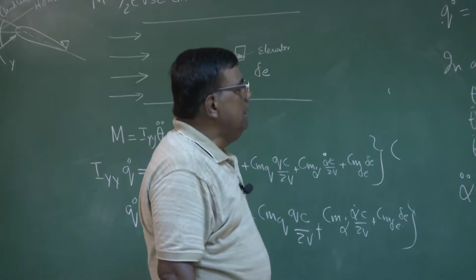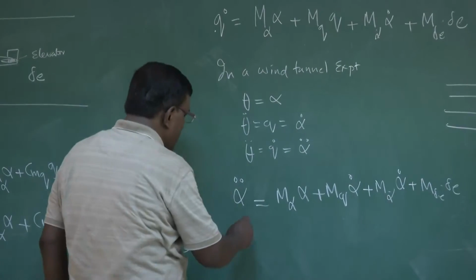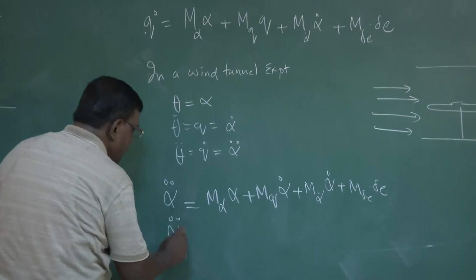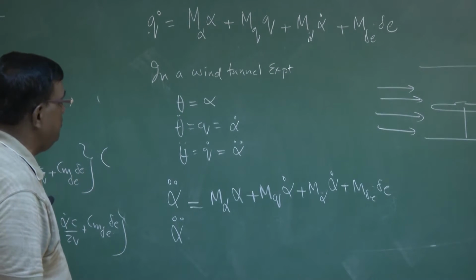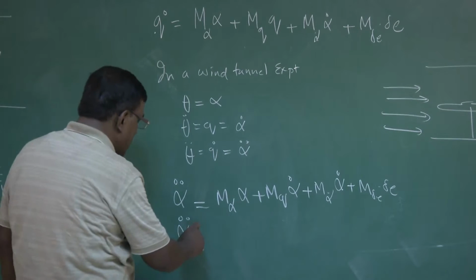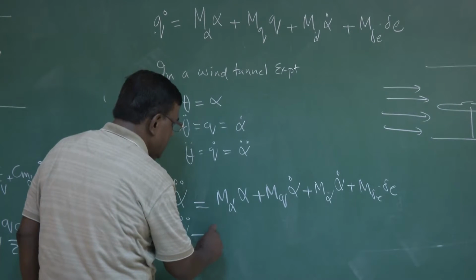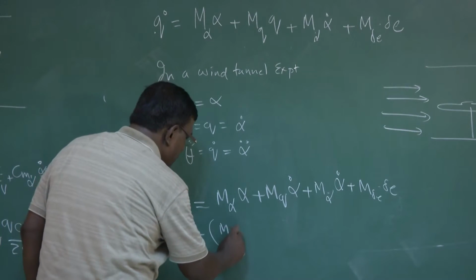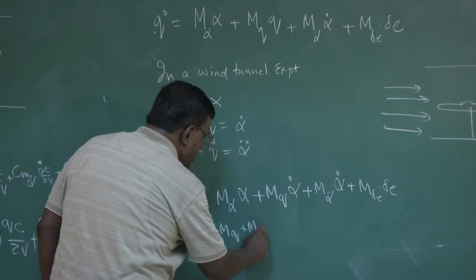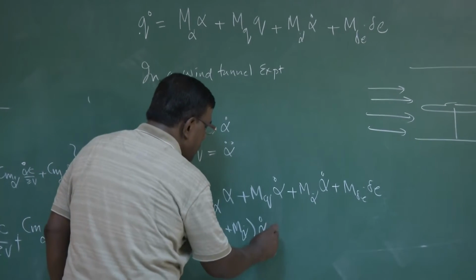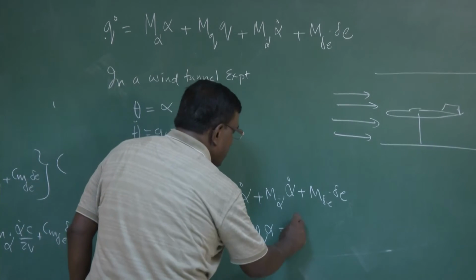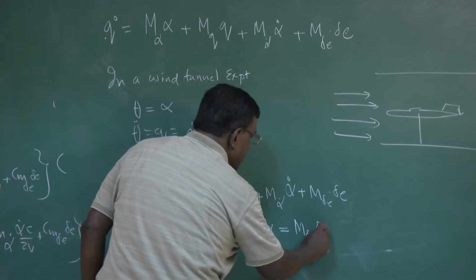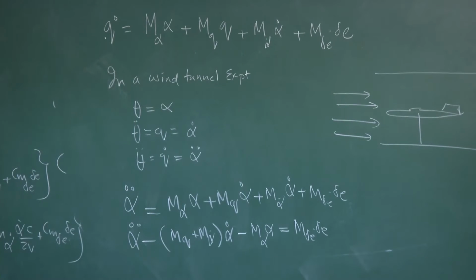Right. Now, I will do little manipulation because I want a mass spring damper type equation of motion. So I will write it like this: alpha double dot minus (mq plus m alpha dot) into alpha dot minus m alpha into alpha equal to m delta E into delta E. Okay?